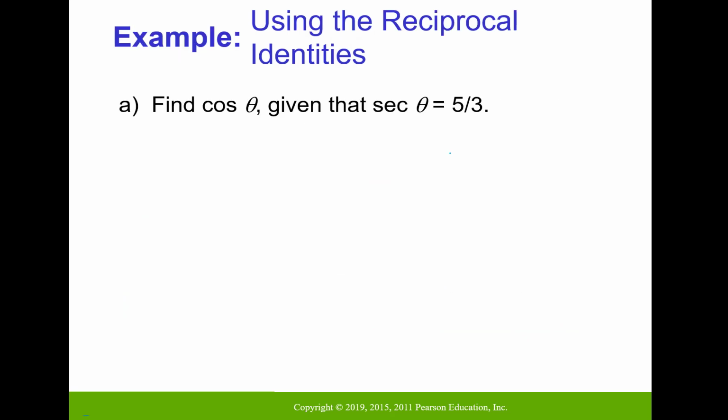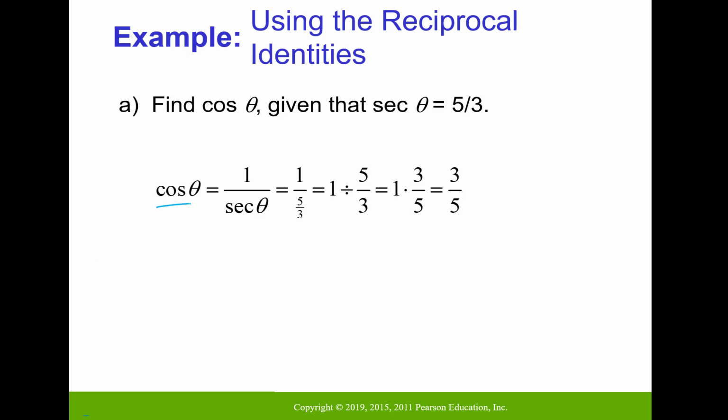So now let's use the reciprocal identities, and we're going to find cosine given secant. Okay, so we know secant of theta, and we want to find cosine of theta, and we do know that cosine and secant are reciprocals, so we can use that fact. We're trying to find cosine of theta. We know it's 1 over secant of theta.